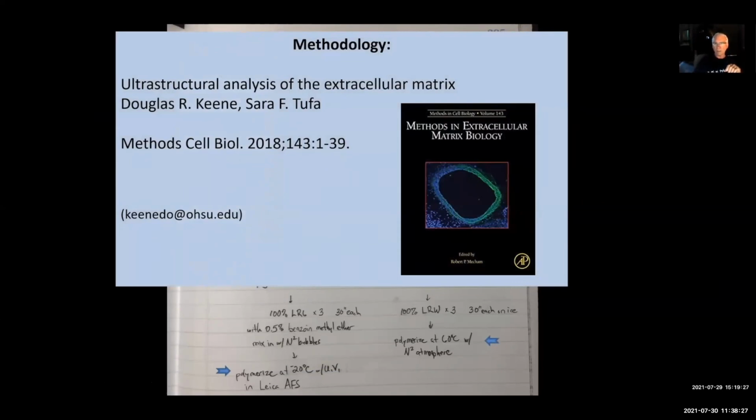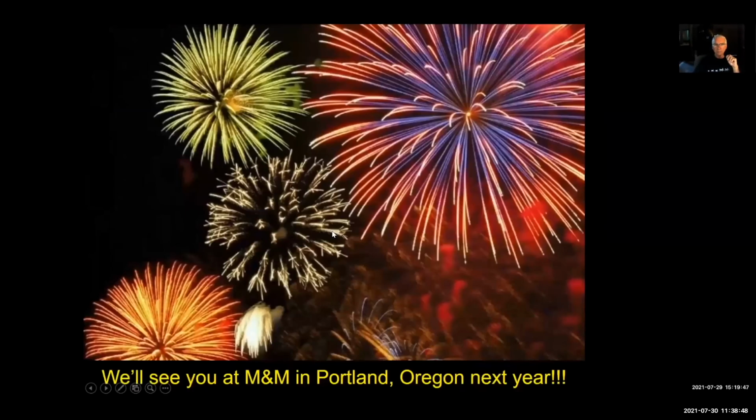And we have written into this chapter very high detail protocols that you should be able to follow, including where to buy the reagents. So if you're interested in pursuing our methods in connective tissue, please find this article, and it's a free download. You don't even have to buy the book or anything.